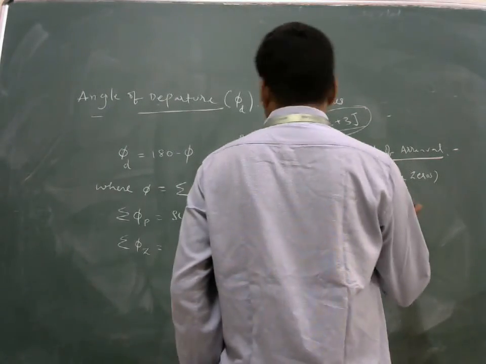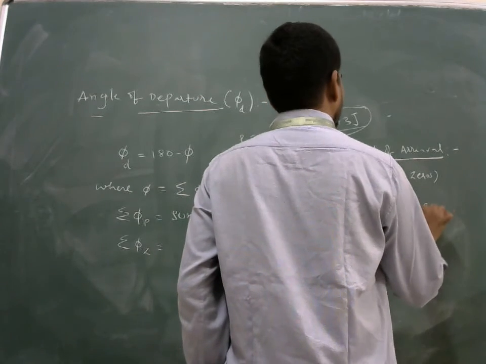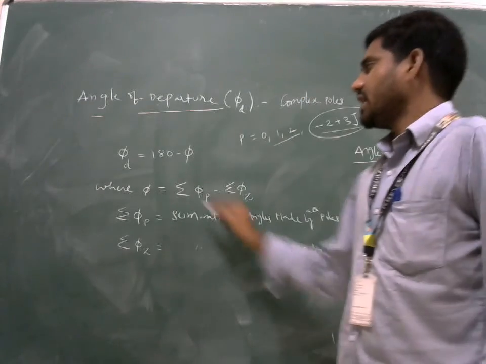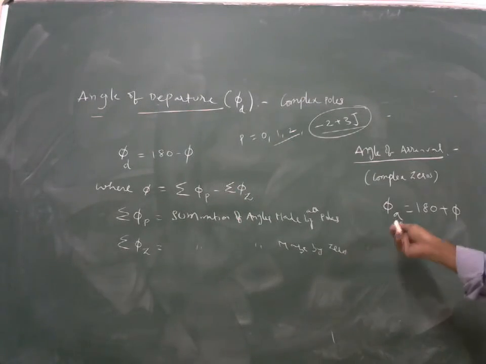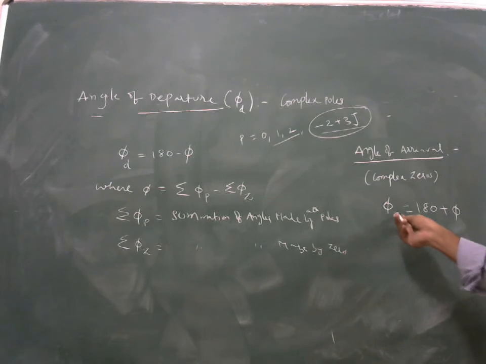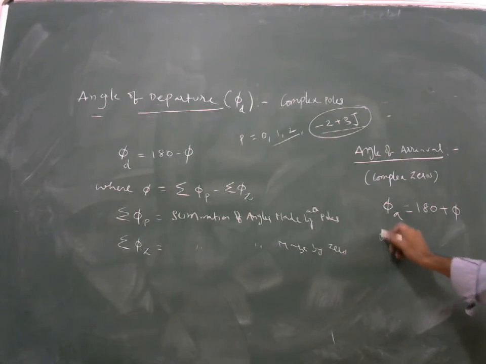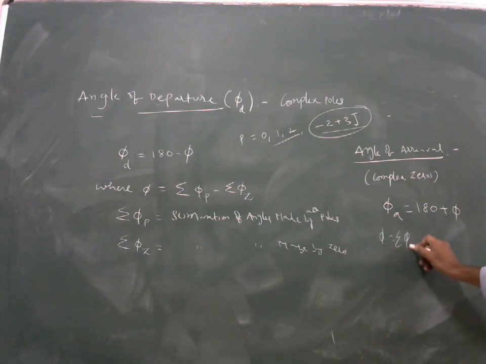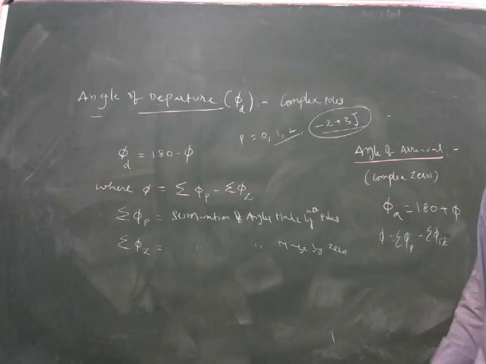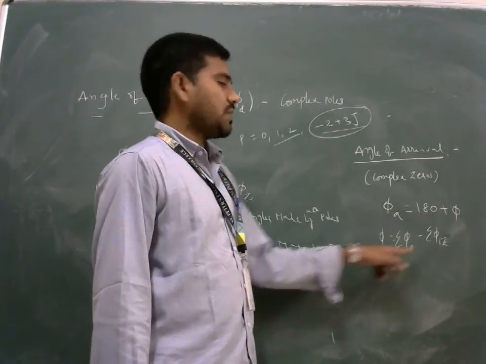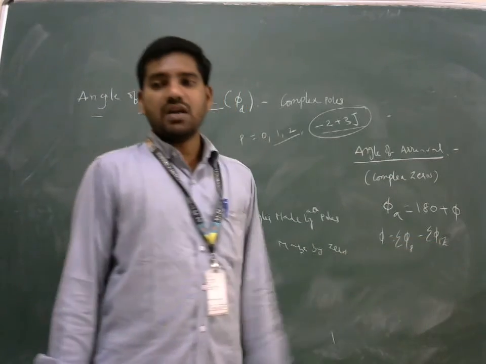The formula is phi a is equal to 180 plus phi. For the angle of departure, it is 180 minus phi. Here, for the angle of arrival, phi a is equal to 180 plus phi, where phi is the summation of the angles made by all poles minus the summation of the angles made by all zeros.